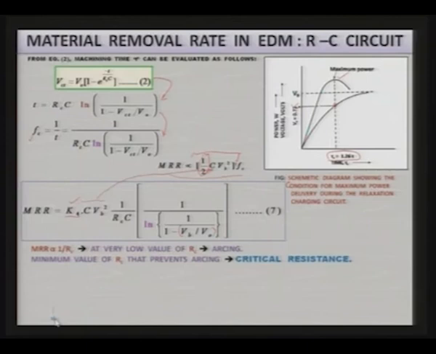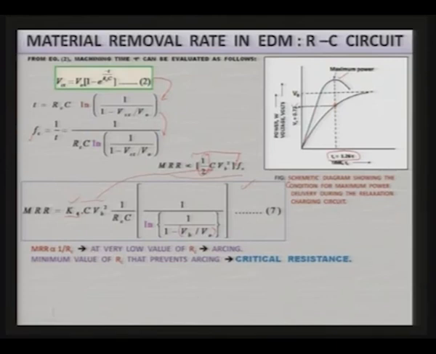So, this particular equation for MRR is very important for calculation of the material removal rate, provided you know the value of the supply voltage, C, that is the capacitance, R_c, the charging resistance, and constant K4.